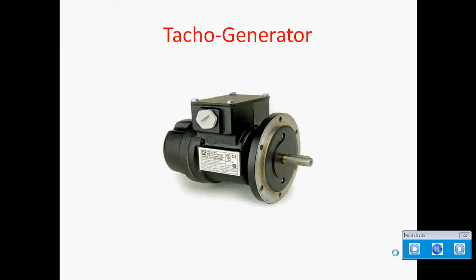Next is tachogenerator. An electromechanical generator is a device capable of producing electrical power from mechanical energy, usually the turning of a shaft. When it is not connected to load resistance, the generator will generate voltage roughly proportional to the shaft speed.